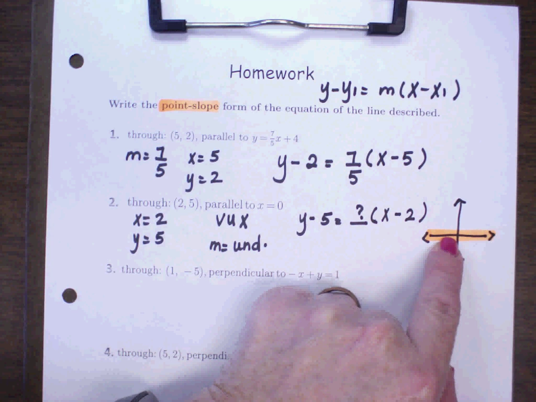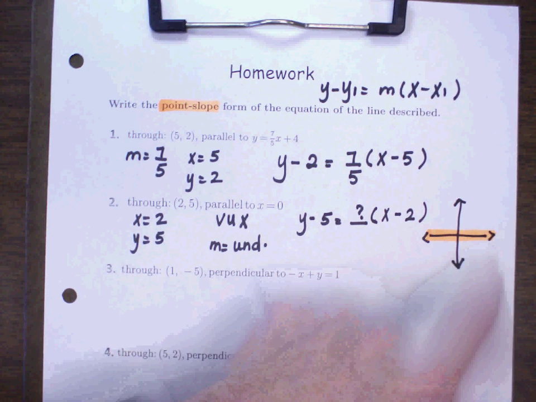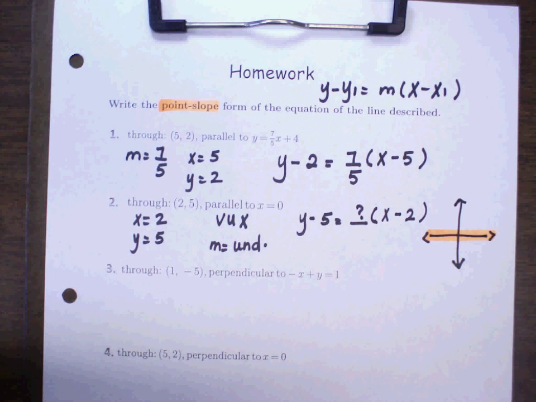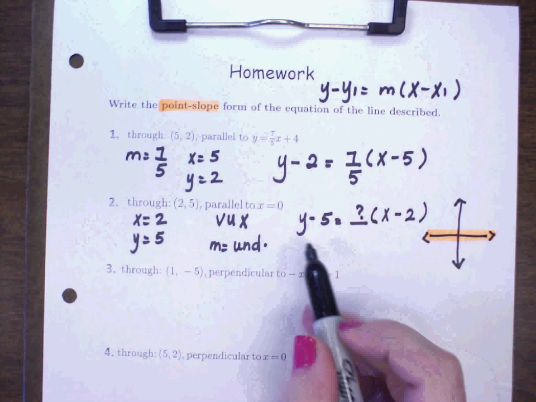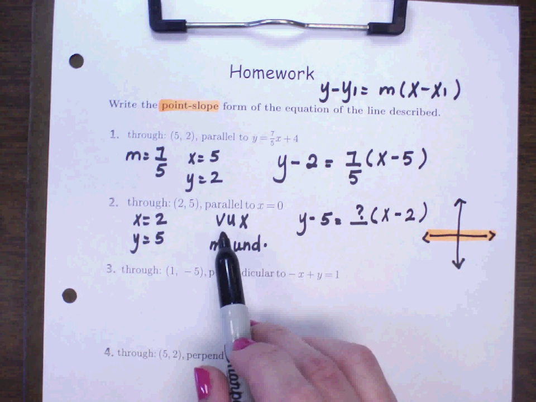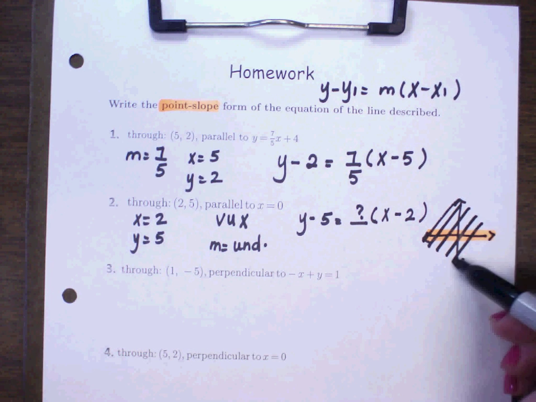Because it doesn't move up or down, does it? All right. So I need a line that is parallel to that one. So it's got to be, I'm doing this wrong. I'm sorry. That is HOY, right? I'm sorry. Let's fix it.